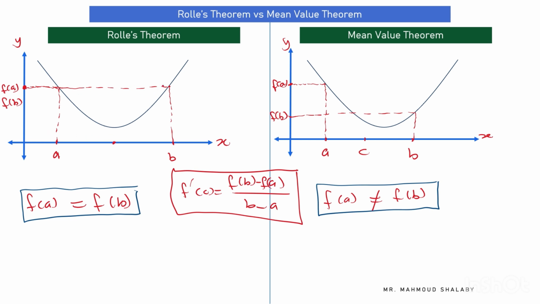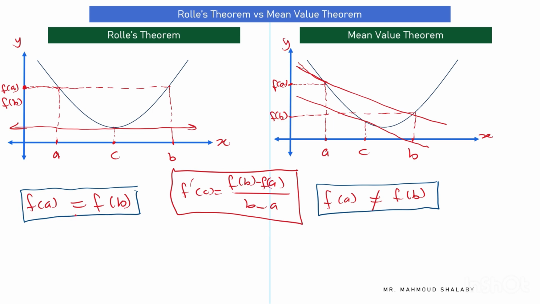If this is the value of c, we can now draw a tangent line that is horizontal and parallel to the other line. But in this case, the value of c will be somewhere between these, and now I want to draw a line parallel to the line passing through these 2 points, so it will be somewhere here, and it doesn't have to be horizontal.